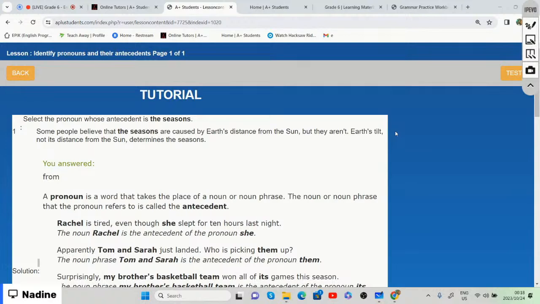So we now need to select the pronoun whose antecedent is the seasons. If we look at those sentences, can we identify the pronoun within them? The pronoun whose antecedent is the seasons. If we select the pronoun whose antecedent is the seasons, then we can say they.